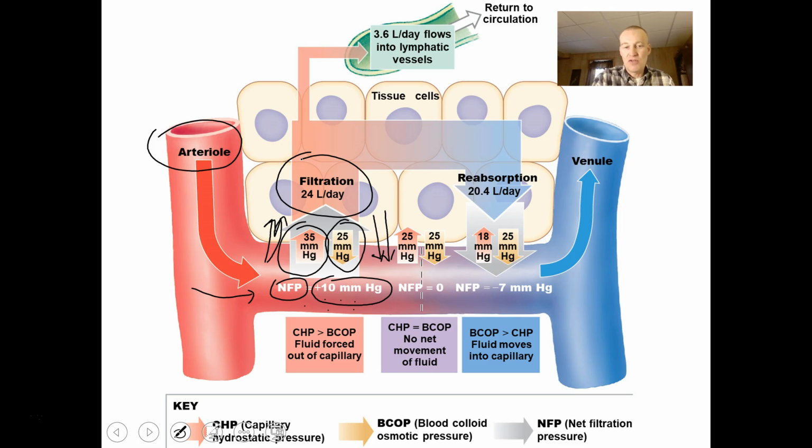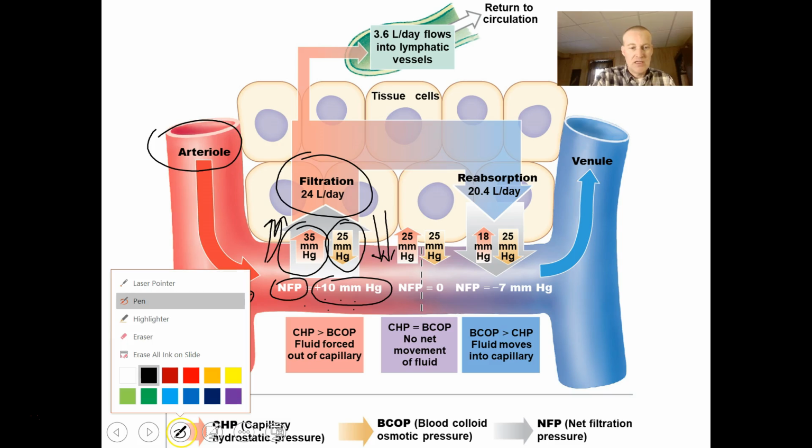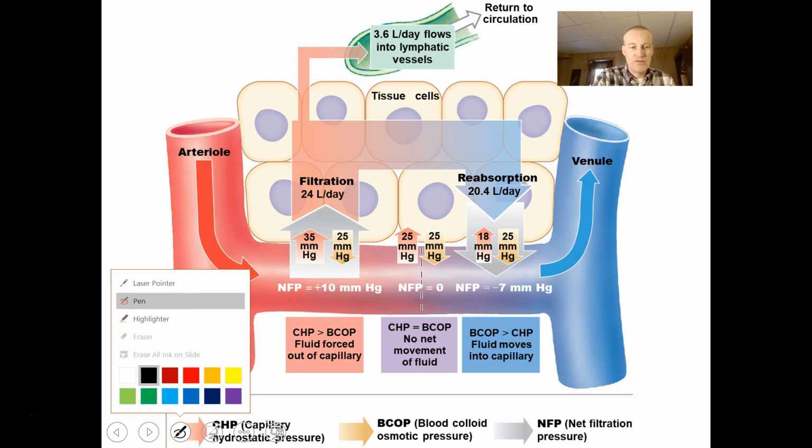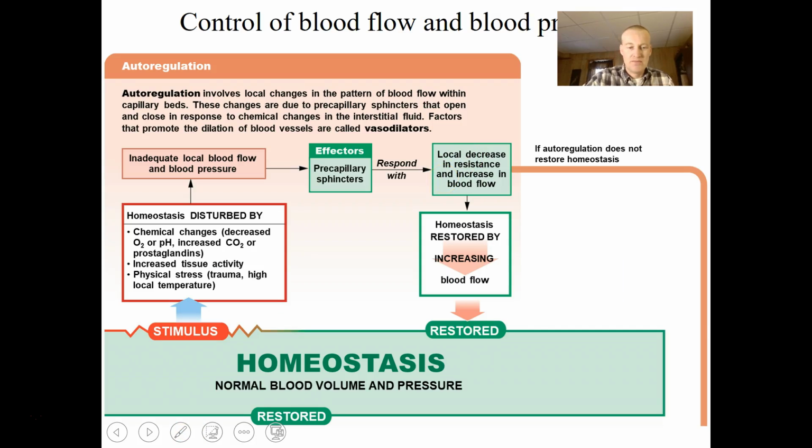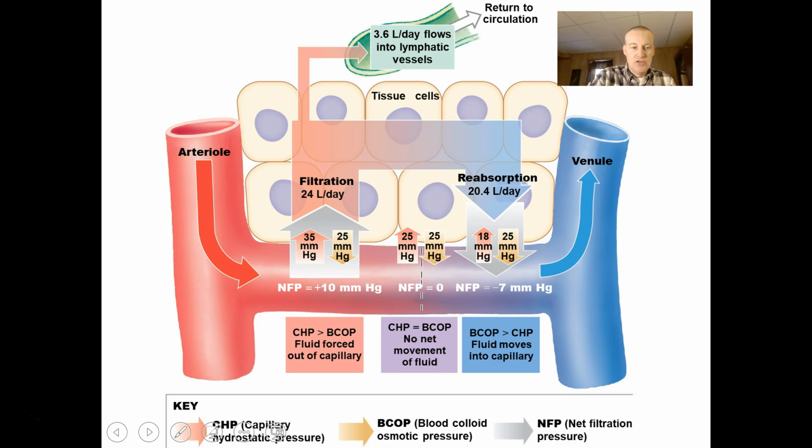So if you go downstream a little bit further, let me take the ink off this. If you go downstream a little bit further, let me go back one slide. You can see that reabsorption is going to be the thing that's going to happen, and that is because the blood pressure has diminished to 18 millimeters of mercury, but the blood colloid osmotic pressure stayed the same, 25 millimeters of mercury.